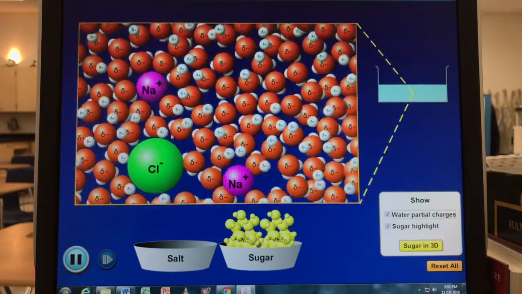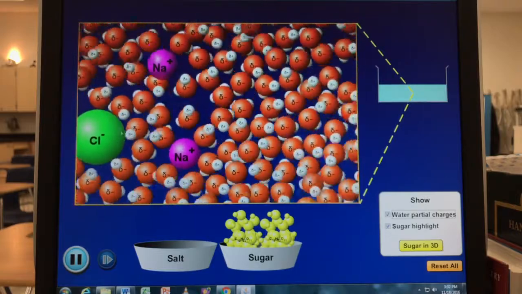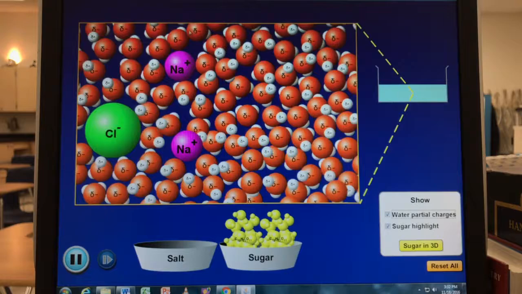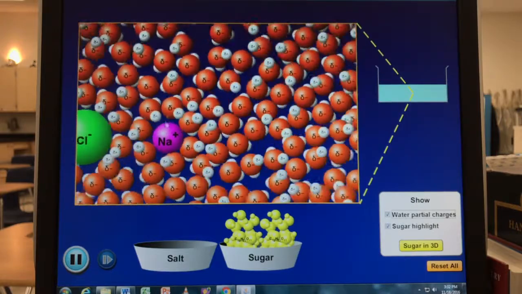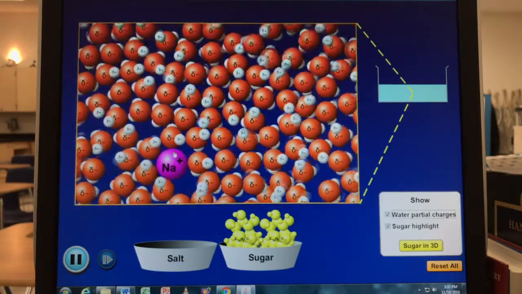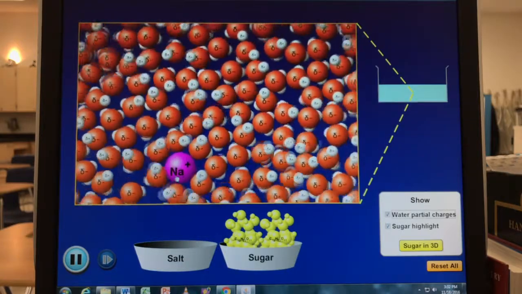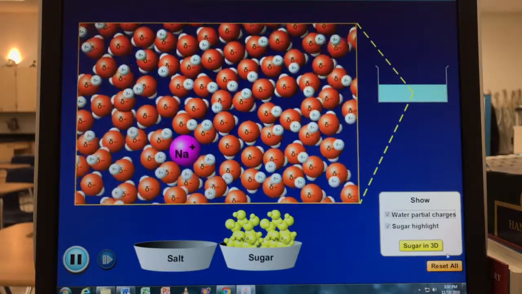And the slightly positive thing is attracted to the negative chloride ion. So they form what are called hydration spheres around the sodiums, arranging themselves in a very ordered way. Not to mean they can't move, right? They're not locked in place either, but generally more of the negatives are near the positive and more of the positives are near the negatives. All right, reset.